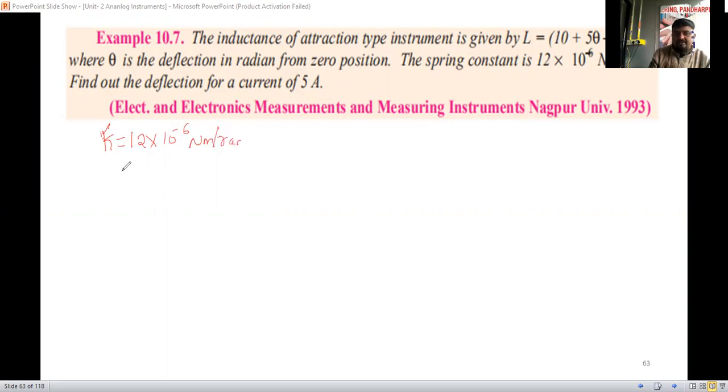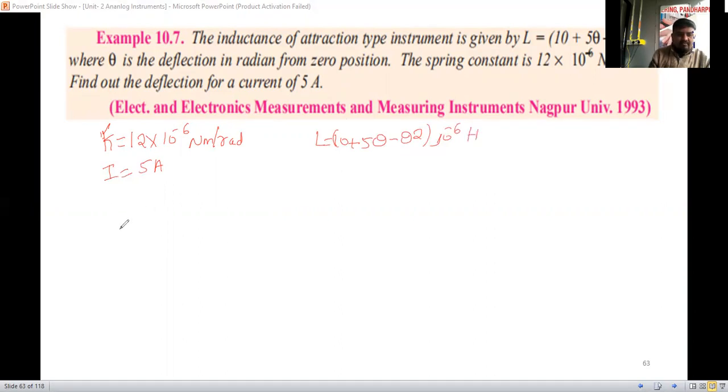I equal to how much? 5 ampere they have given here. L equal to 10 plus 5 theta minus theta square, that is in microhenry. Microhenry is nothing but 10 to the power of minus 6 Henry.